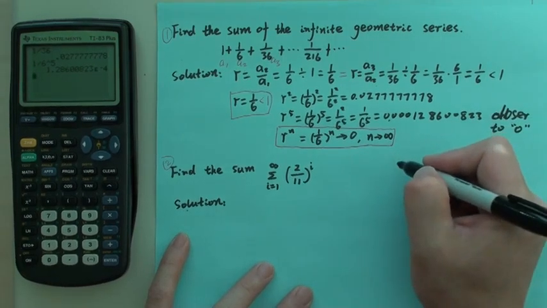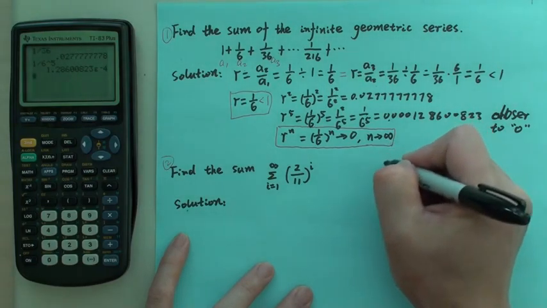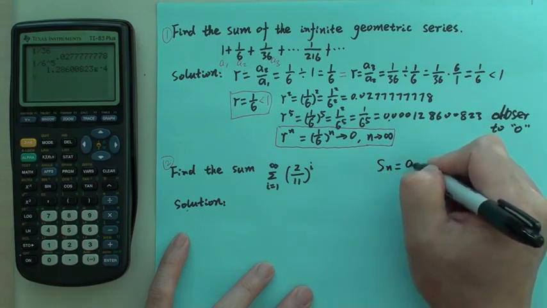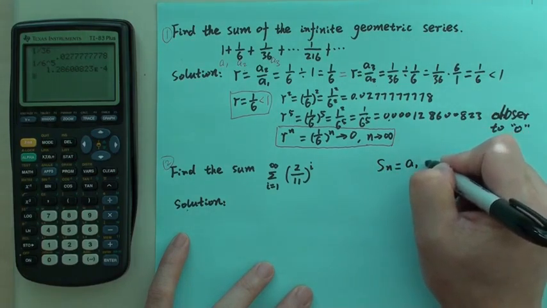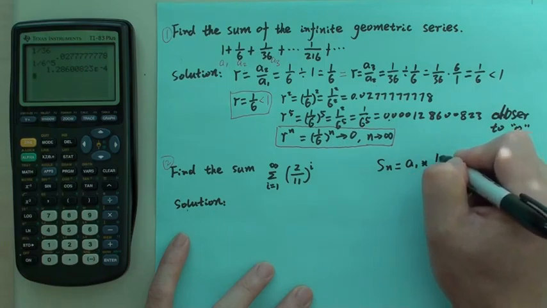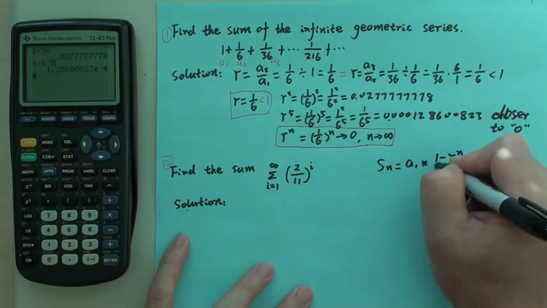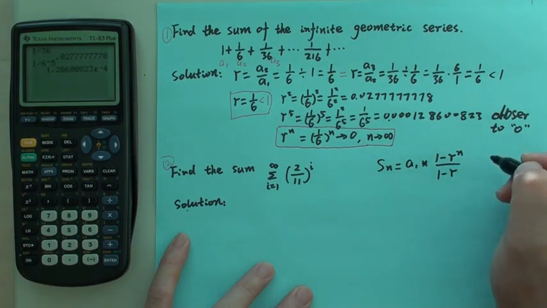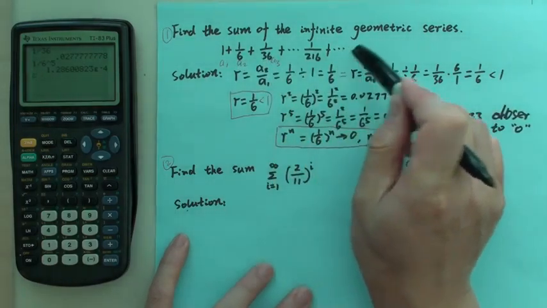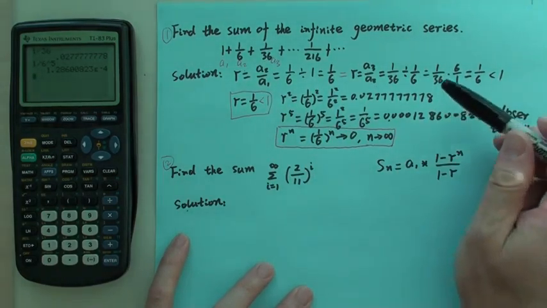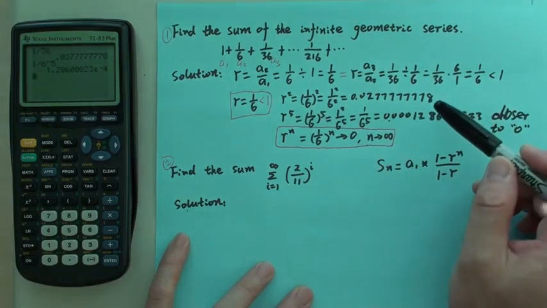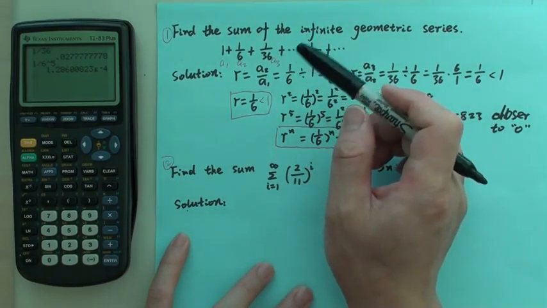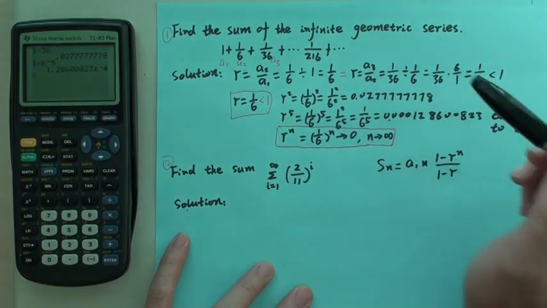Now, our formula for the first n terms is the first one, a1, times 1 minus r to the n, over 1 minus r. Here it is the infinite case, which means n gets bigger and bigger. Here is a1, a2, a3, and where is an? Somewhere here.